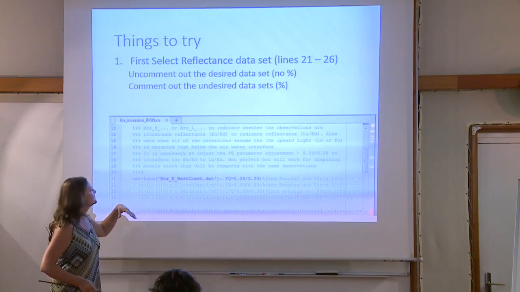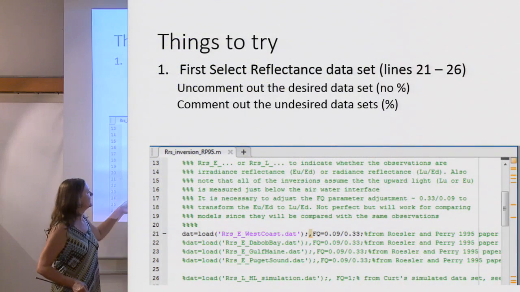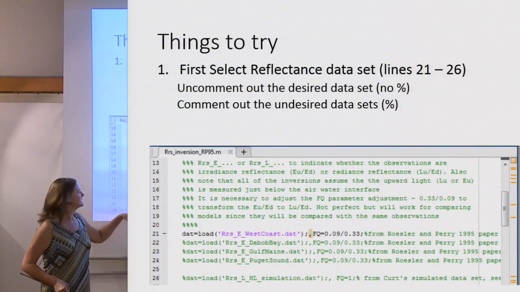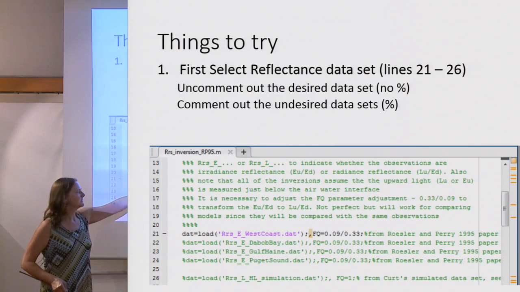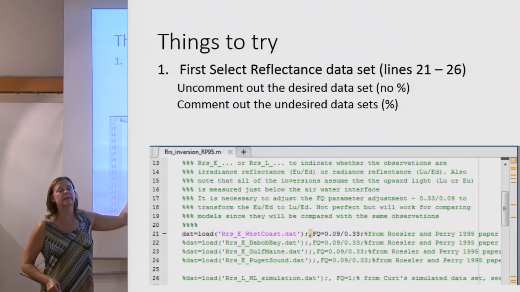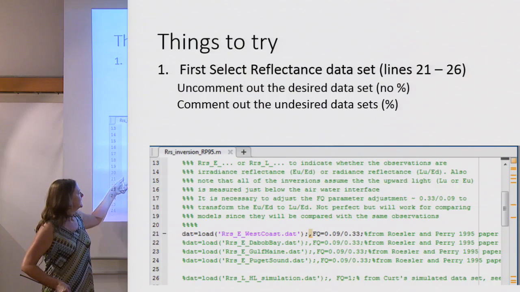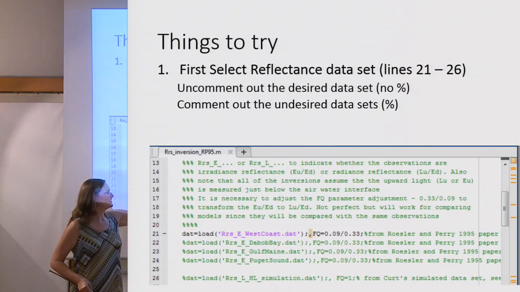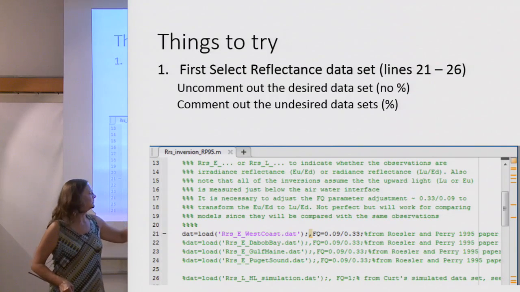But the first thing that you have to do before you run the program is to figure out which data set you want. And so I think it's defaulted to the West Coast data set, which is the more clear waters off of Oregon and then moving onto the coast. You can also do Deba Bay, which is a fjord in Puget Sound, the Gulf of Maine, and this is actually in Puget Sound where you have the big yellow blooms.